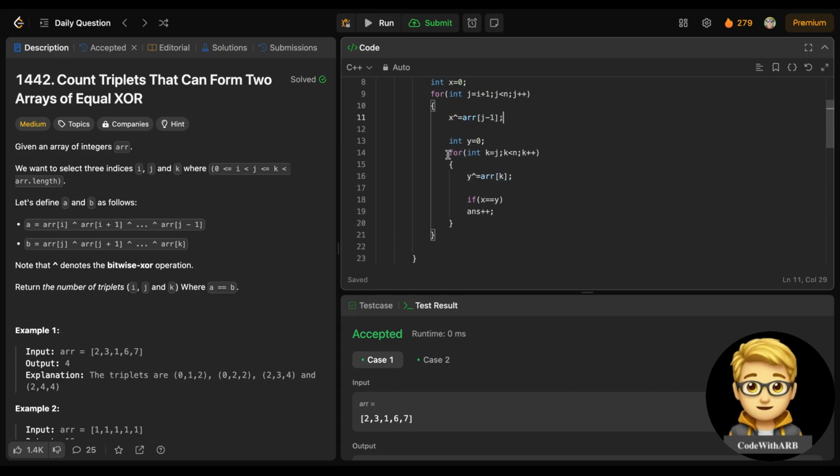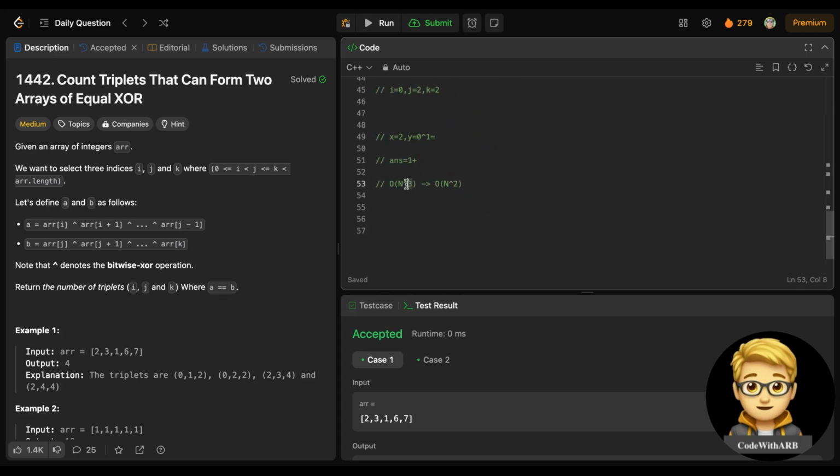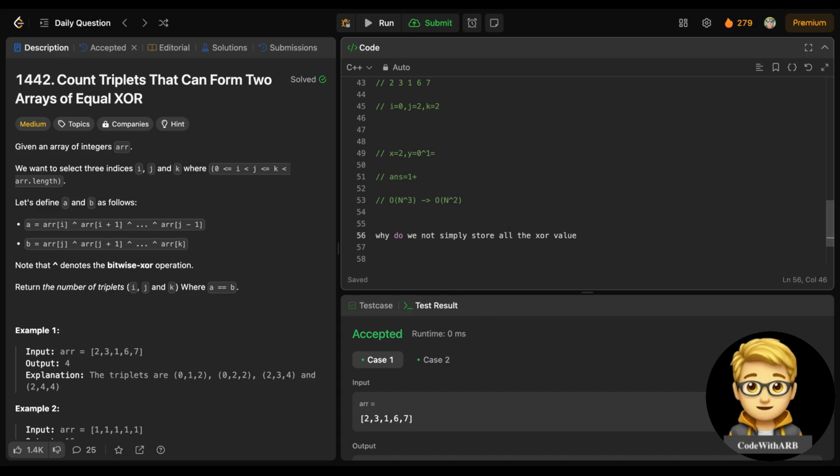So can we simply remove one loop? Why do we not simply store all the source values in an array and use that?